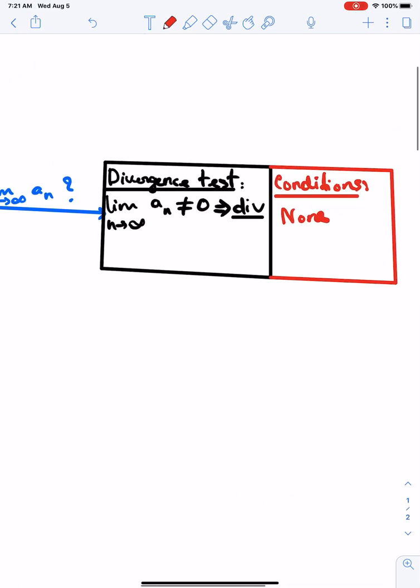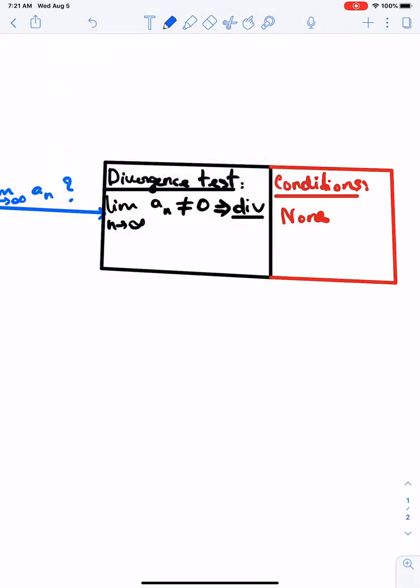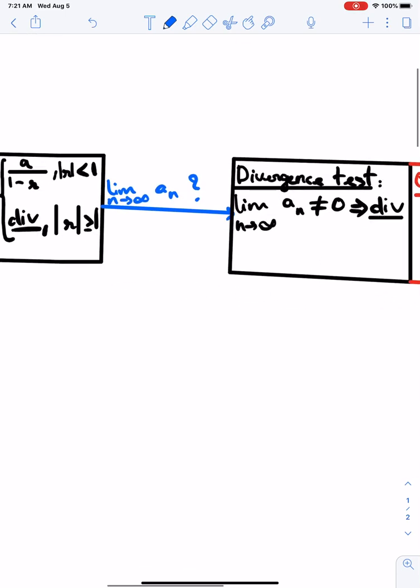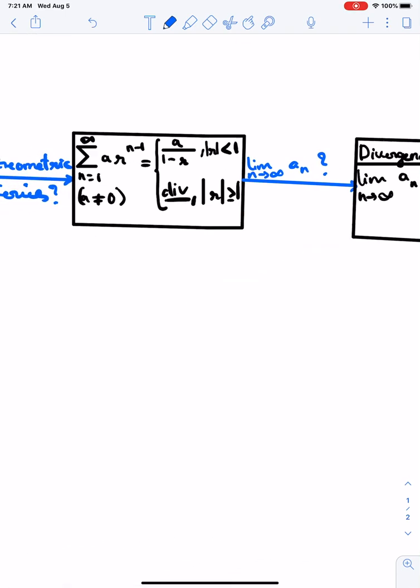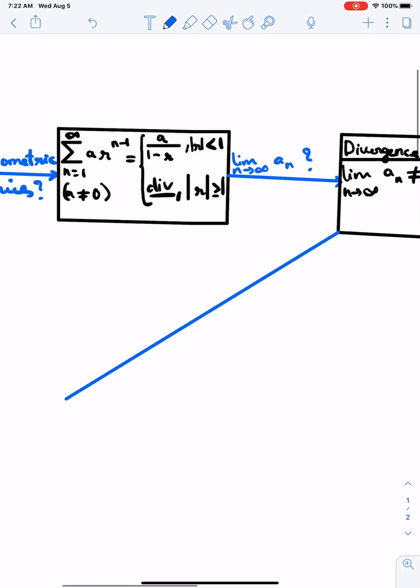Now after this, there are two possibilities. The majority of our tests will fall into the category where all of the terms are positive. So after you do this test, you take the limit as n approaching infinity of a sub n, and if it is equal to 0, then it could be convergent or divergent.